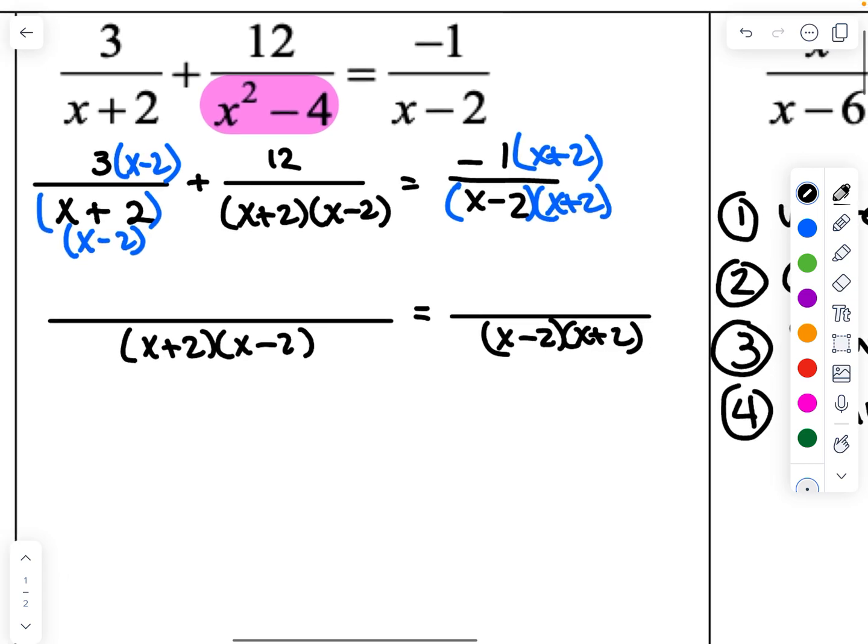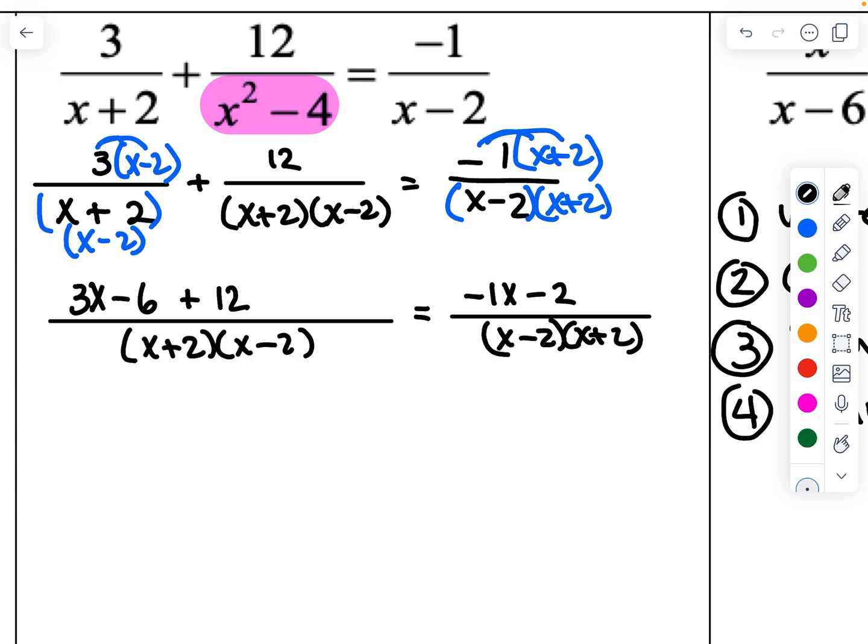So then this is actually simplify. So if we simplify this, 3 times x and 3 times negative 2, 3 times x, 3 times negative 2, and 12, and negative 1x, negative 2, negative 1x, and negative 2.